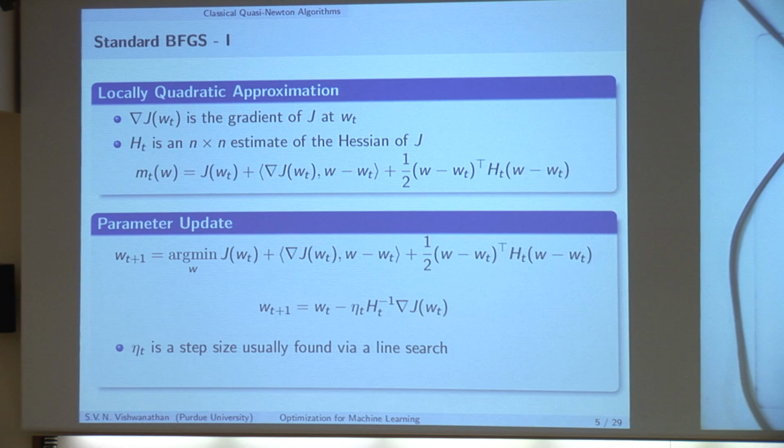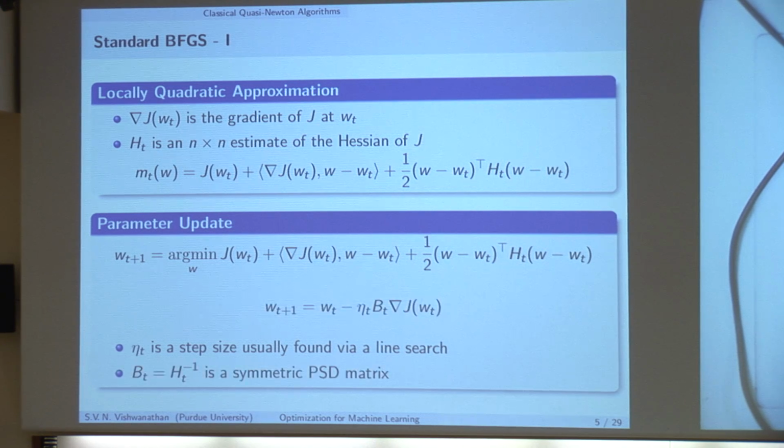Broyden, Fletcher, Goldfarb and Shanno came, looked at it and said, wait a minute, we are just approximating the Hessian, and then we are inverting the approximation. Doesn't seem right. Why don't we directly approximate the inverse of the Hessian? If we are doing an approximation anyway, why don't we just approximate the inverse?